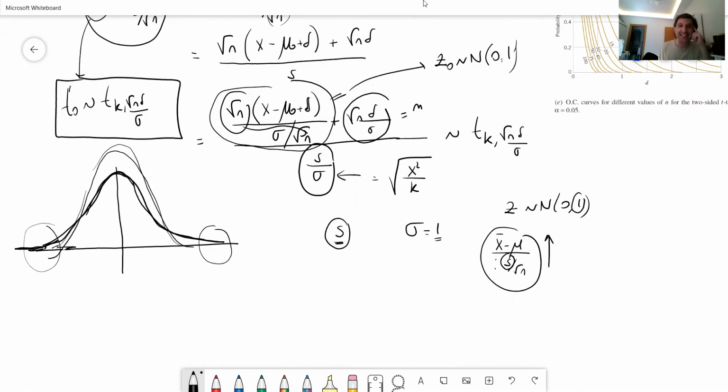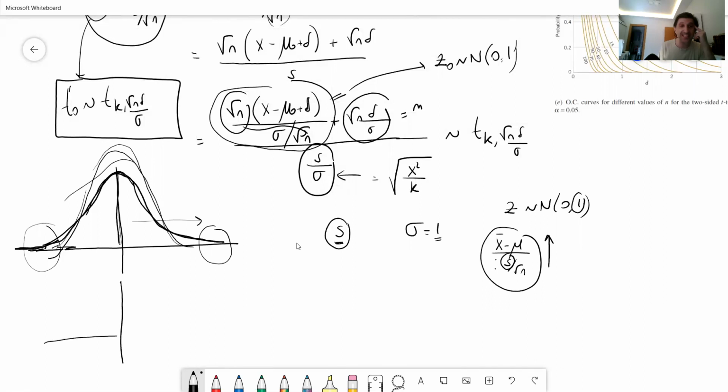Now, what about the non-central t distribution? In the non-central t distribution, the mode is not going to be at 0. Depending on the sign of this delta, and let's assume, just like we did before, that it is greater than 0, then this is going to be shifted in this direction. However, that shifting is not just a copy and paste of this t distribution.